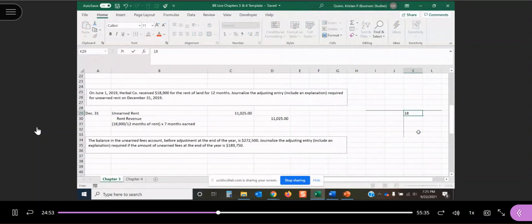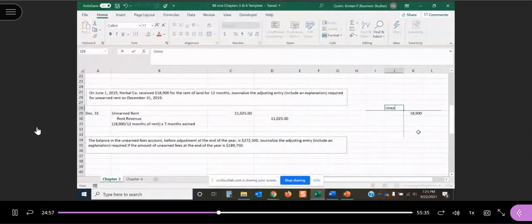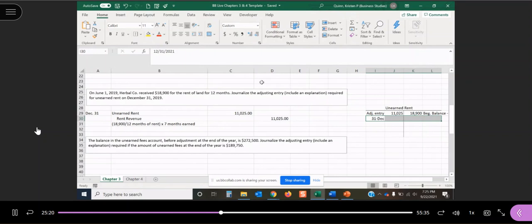Our liability would have increased of $18,900. I think that's our unearned rent. And then this is our beginning balance that happened on June 1st. And then we actually just reduced it. So $11,025 is what we reduced because of our adjusting entry. And that was done on December 31st.